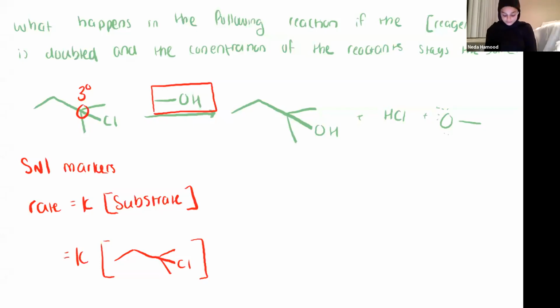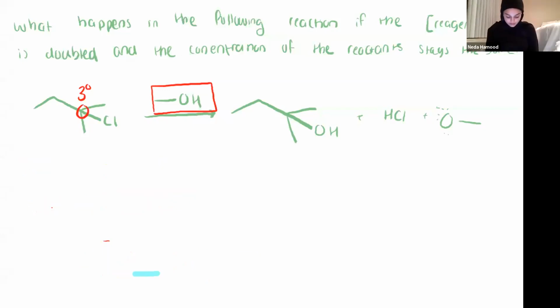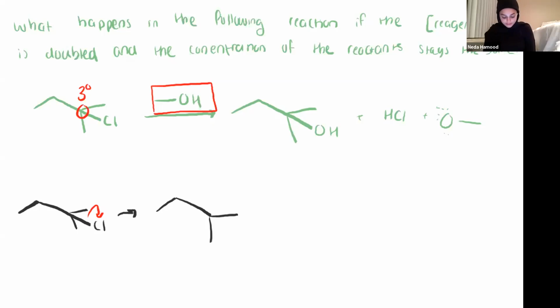Okay, I'm going to erase this bit down here. And the actual mechanism for this is this. Chlorine, like we mentioned before, is a great leaving group. So it's going to leave on its own. Just like, honestly, I'm sick of you guys, I'm out of here.